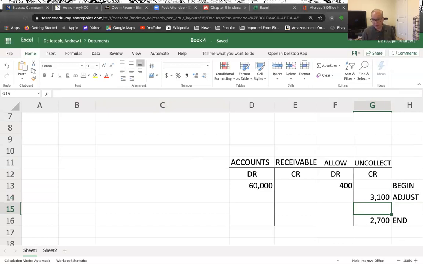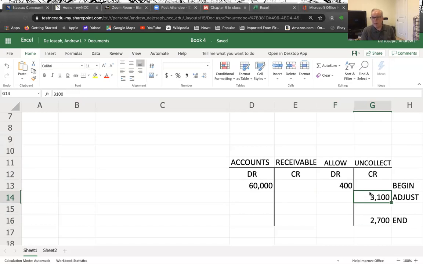And if you analyze it, 3,100 minus 400 is 2,700, right? So again, what could be a simple rule? If the balance in the allowance has a beginning balance that's a debit, add it to the ending balance. And that's the amount of your adjustment.